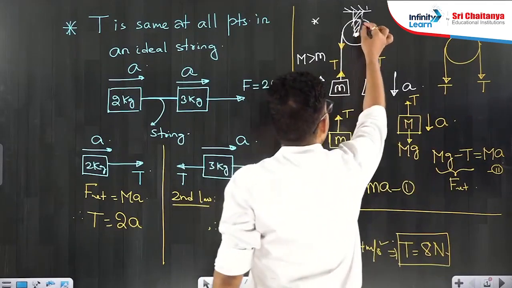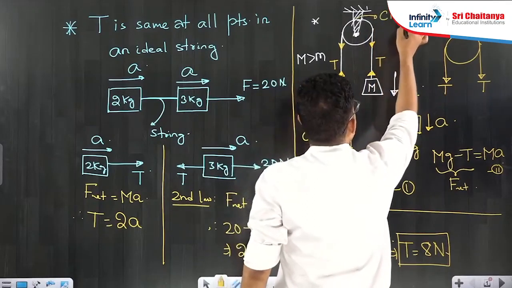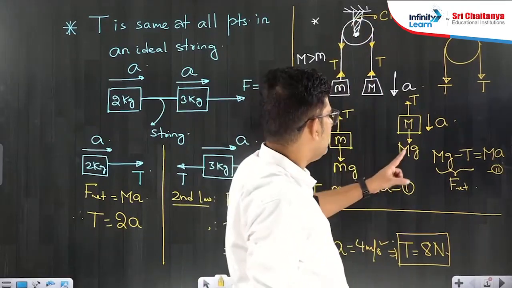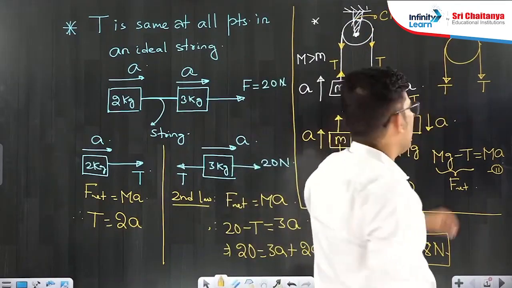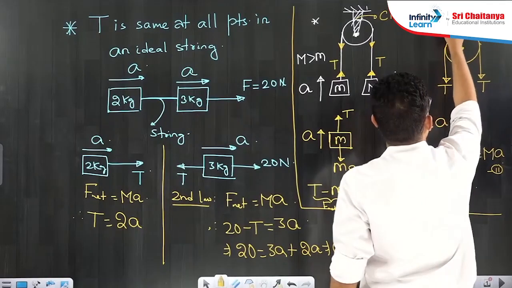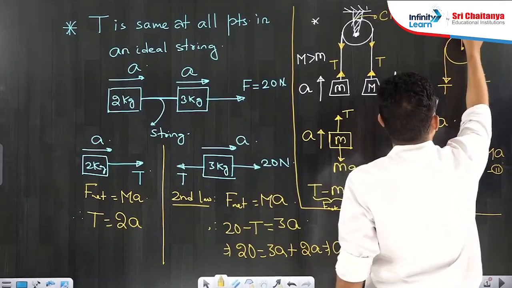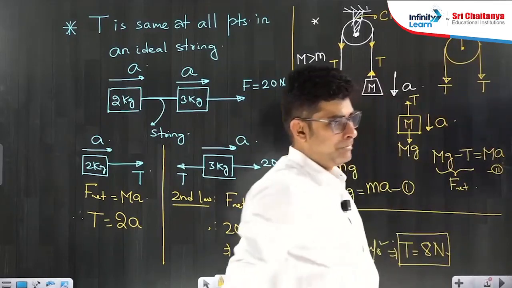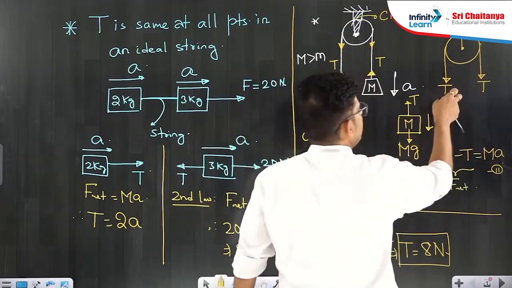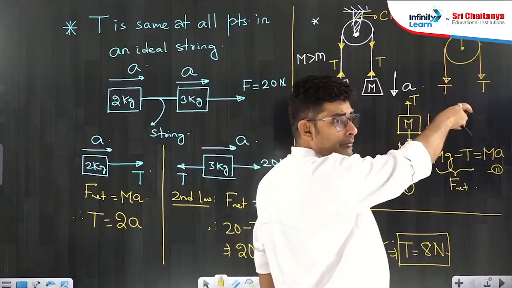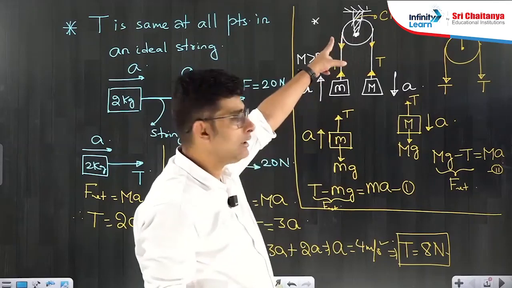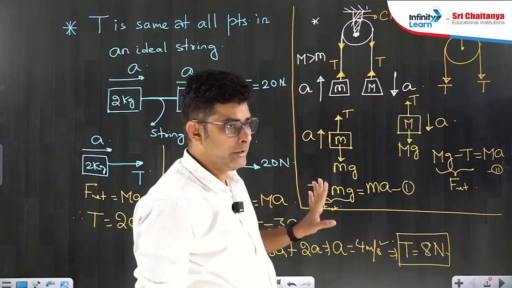There is a clamp over here which is attaching the pulley to the ceiling. So it is not falling down because the clamp force is pulling it up. The pulley is not falling down even though two tensions are acting, because there is a clamp which is pulling it up and sticking it to the ceiling. Otherwise it would have fallen down.